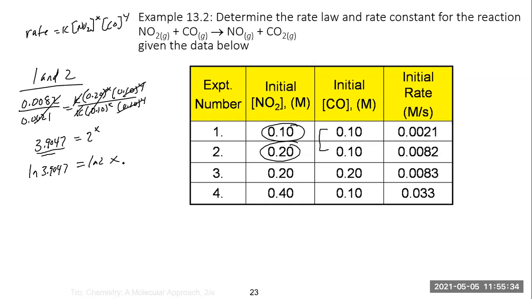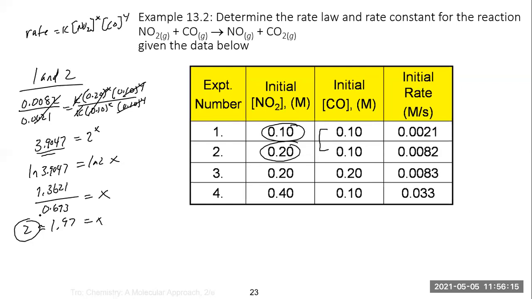You end up with the natural log of 3.9047, about 1.3621, divided by the natural log of 2, which is 0.693, is equal to x. If you do that, you end up with pretty close to what you would expect if you rounded to 4: about 1.97 is equal to x. We'll roughly call that 2 in this case. It's essentially 2. Any questions on that particular one there?